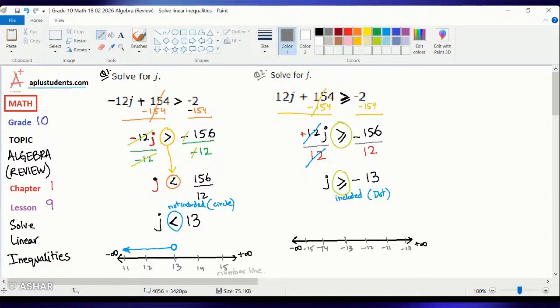The greater the number in negative, the smaller it is, right? That means j is greater than minus 13. We make a circle on minus 13, but it has an equal, so we shade the circle. A number greater than minus 13 is negative 12. It could be negative 10, and so on, right? So we move to the right side because j is greater than or equal to minus 13.